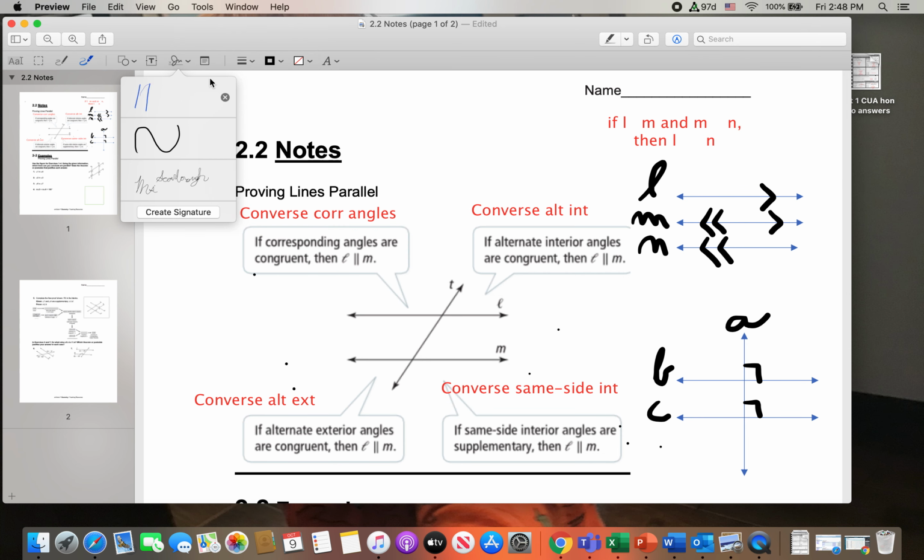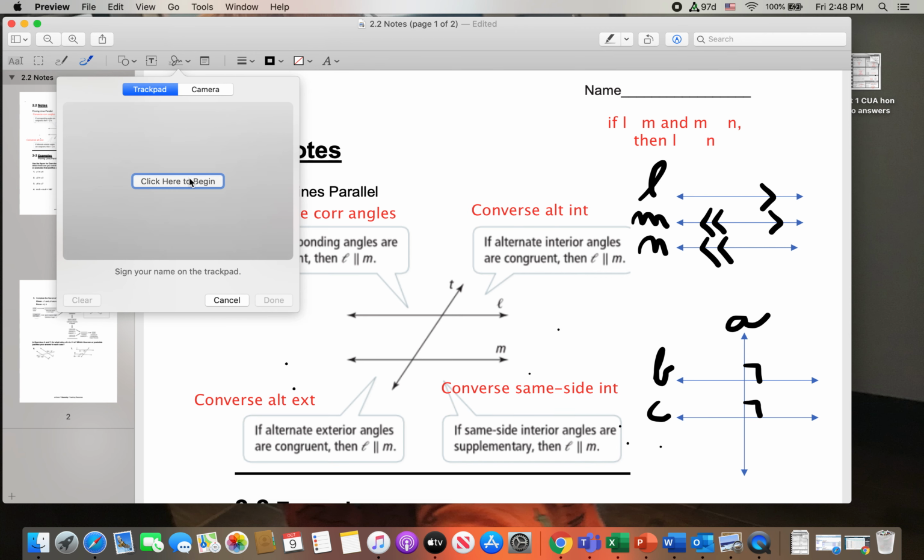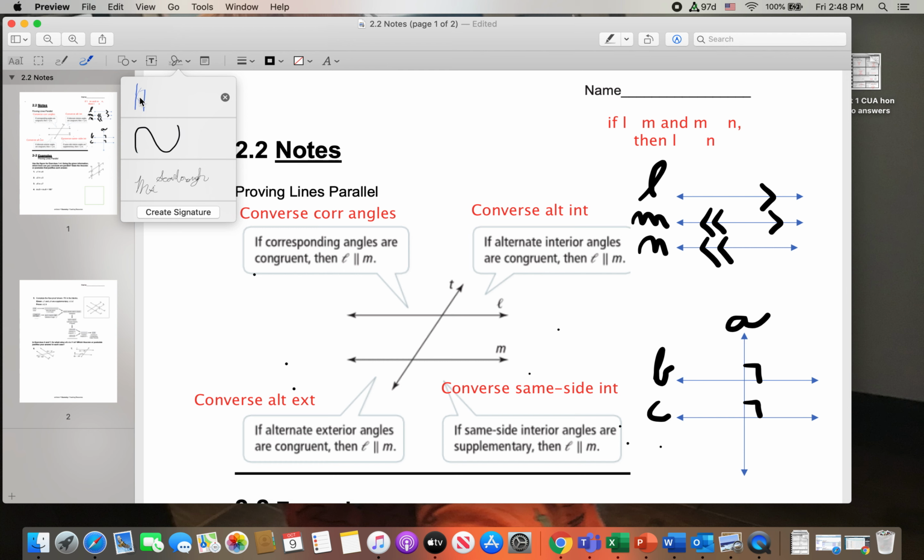I'll show you how to make this. Okay, you create it. You click here and you put a line, and then you put a line next to it. And that's not perfect, but it's good enough for this. Done.